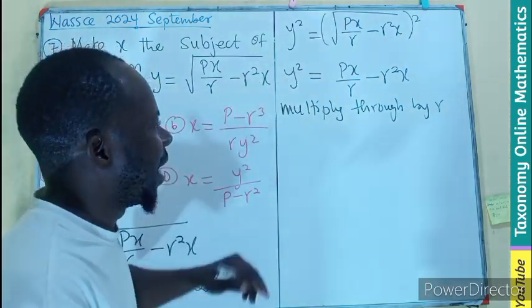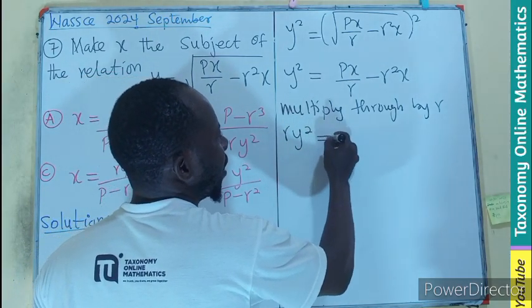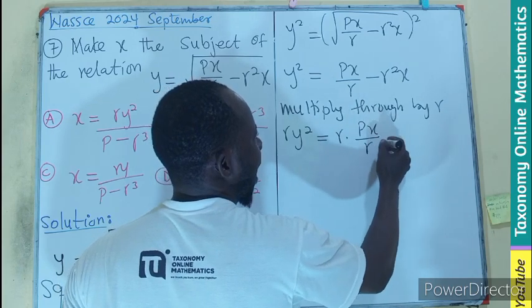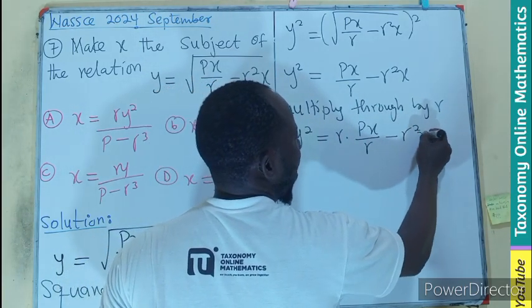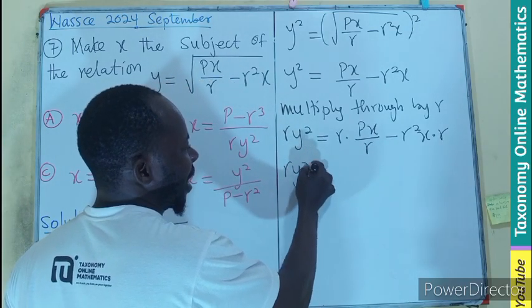So if you multiply here, it becomes ry squared equals r times px on r, minus r squared x times what? r.